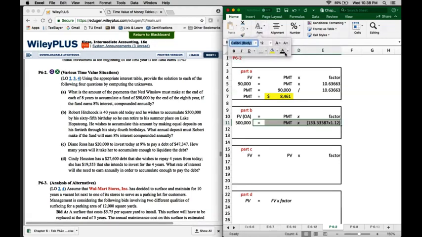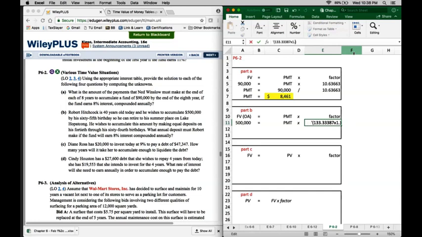Okay, now we will look up the factor, and because it's going to earn one additional interest, I'm going to multiply it by 1.08. That's to give the additional interest. I'm sorry, it should not be 12%, it's 8%. That's my mistake over there, in the formula I wrote up.